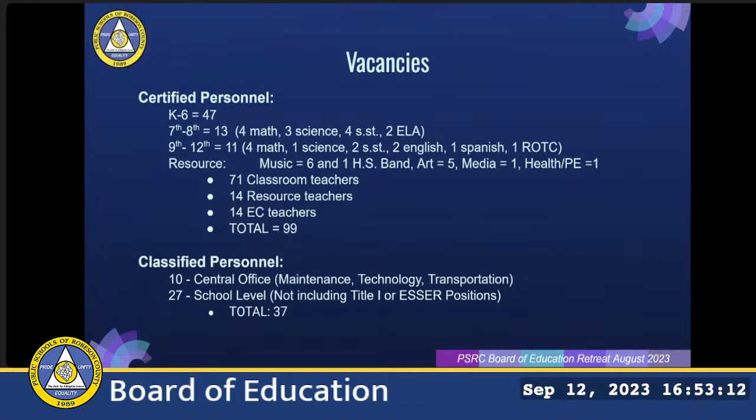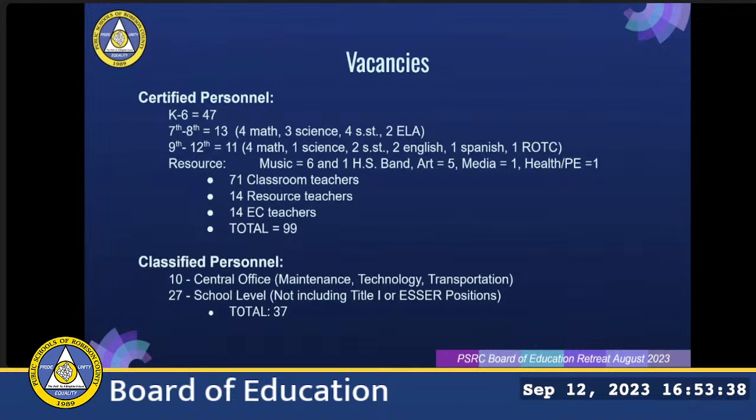I've also attached for you, and like I said, this information was back in August, but this will give you a pretty good idea by school, the vacancies that we have from each school. For example, when we first started in August, Carroll Middle needed 5 K-6 teachers.